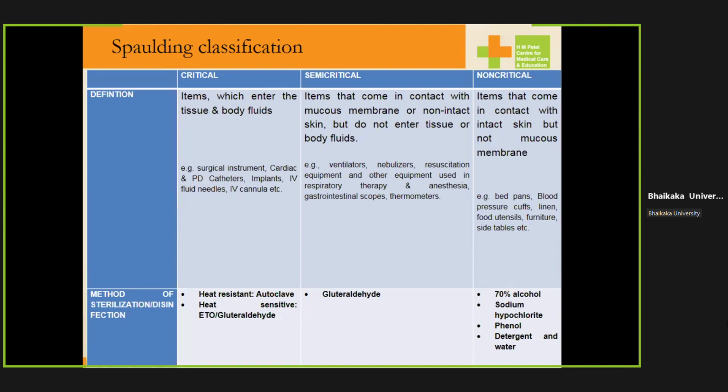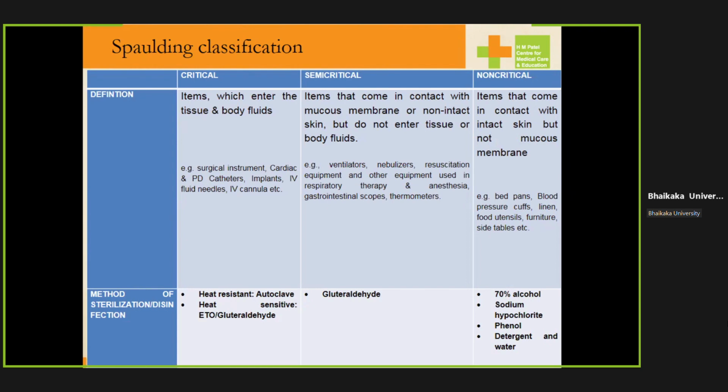Should I sterilize this item or disinfect it? If I am disinfecting this item, should I use a high level or a low level disinfectant? So instead of remembering the item and then trying to remember the method of sterilization or disinfection, it is easier to classify them as per their use.